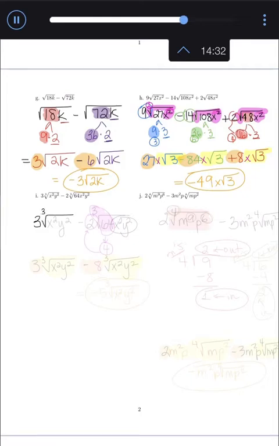They're almost like terms. Notice we have a 3 cube root of x squared y squared minus 2 times the cube root of 64x squared y squared. Notice they are almost like terms. The only difference between the two is that inside the cube root of the one on the right we have a 64.